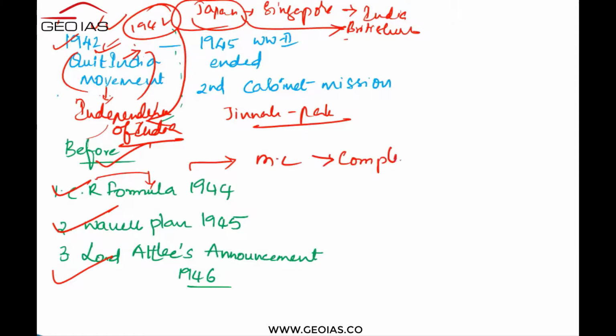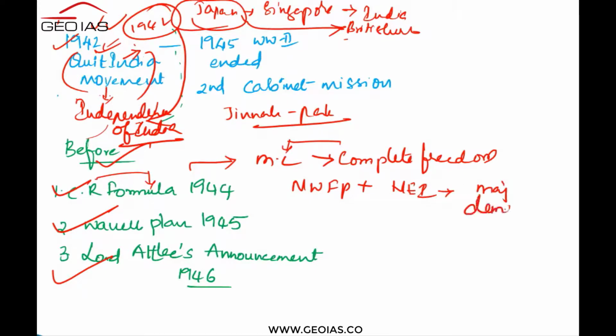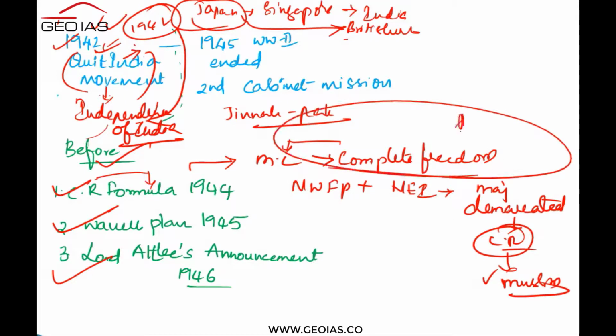Then the Northwestern Frontier Province and the northeast Indian Muslim-populated regions, where they are a majority, would be demarcated, and communal representation would be given there. So Muslims would be voted for by Muslims only, and you would also get represented in the whole country called India. Even so, Jinnah didn't agree.